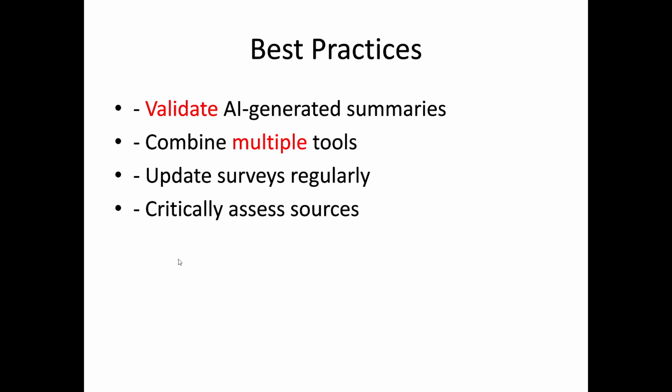Okay. So here, this is the most important slide in this talk, the best practice. Okay. The first and also the most important, you need to keep in mind, the AI generated contents are inaccurate, sometimes incorrect.